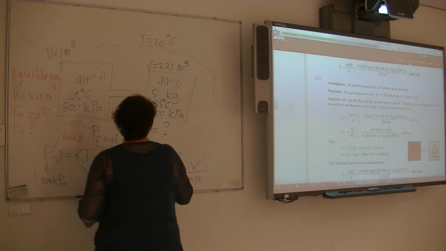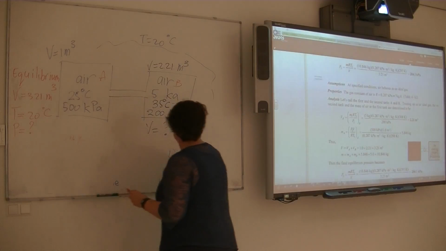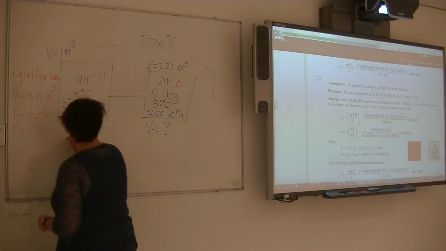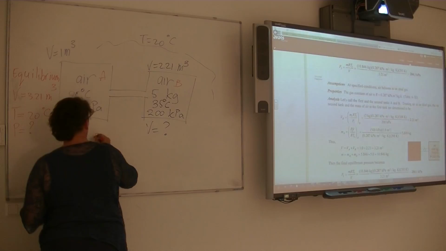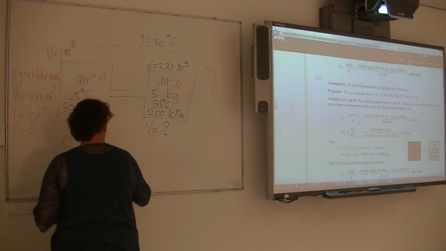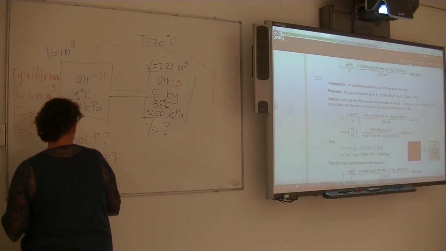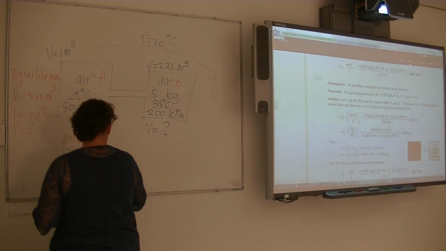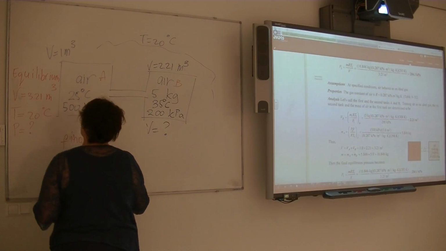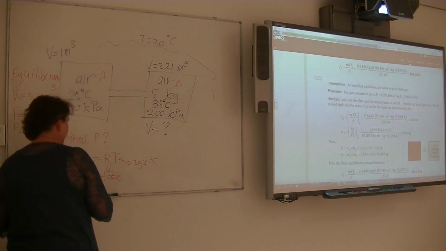So if we want to calculate the final pressure, that's the one we have to calculate. We can look up R in the table, it's the same one as with the first calculation, and we know the temperature, which is 293 Kelvin, 20 degrees Celsius.